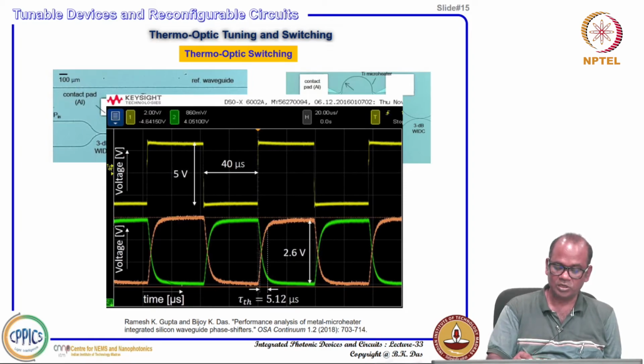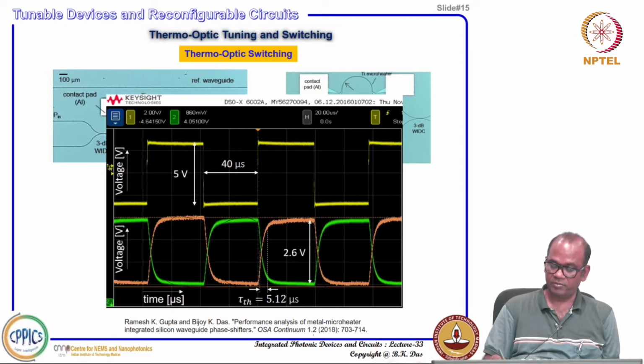When the cross port is reducing, the bar port is increasing, and vice versa. So, you can switch back and forth between cross port and bar port, and it is clearly showing how fast it is rising, 5.12 microsecond, and falling also nearly identical, 5.12 microsecond.